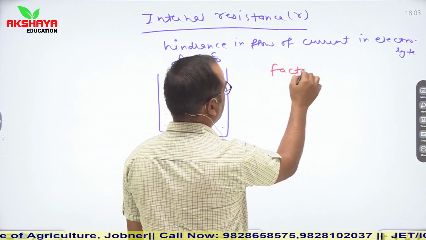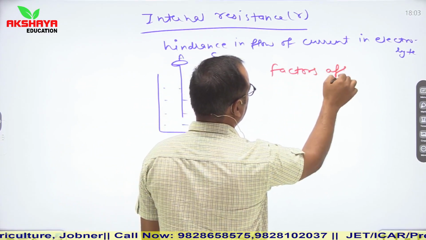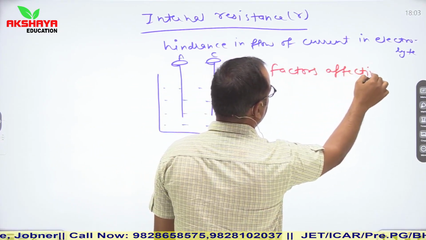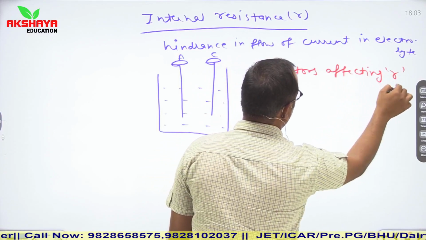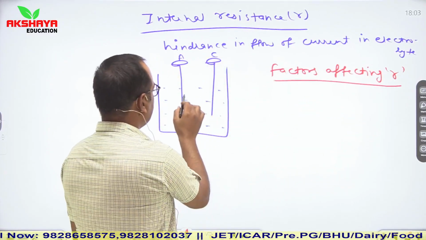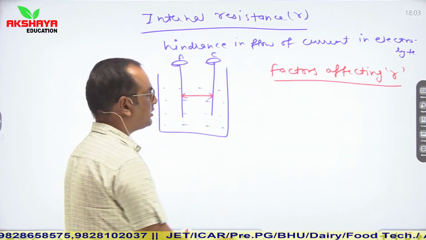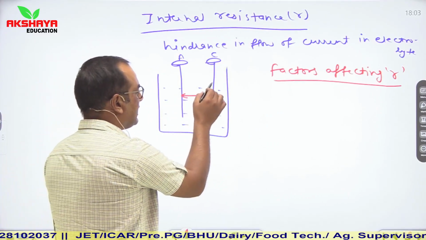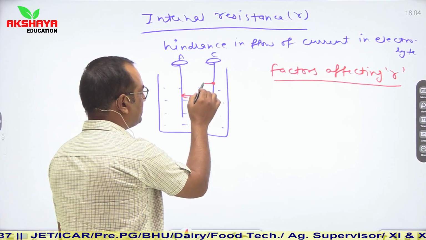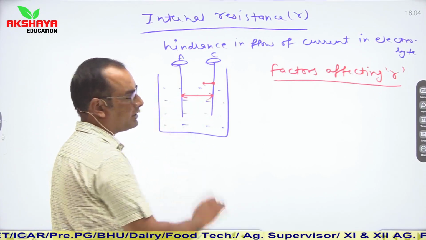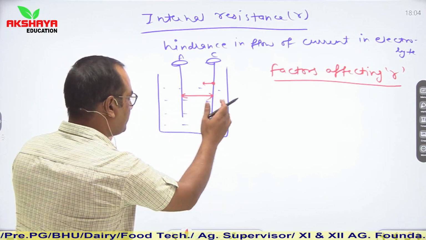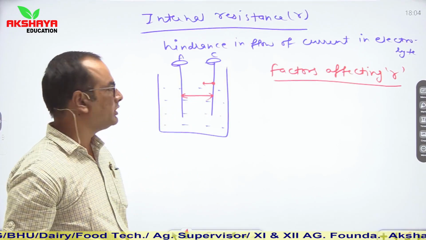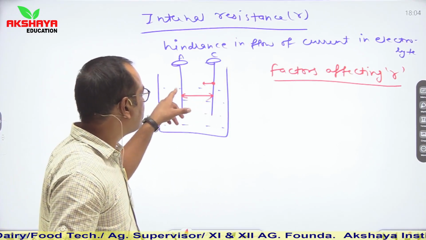These factors are separation between the electrodes. So this charge is being traveled from negative terminal to positive terminal via this electrolyte. So if separation will be larger between anode and cathode, then it will take more time to travel.